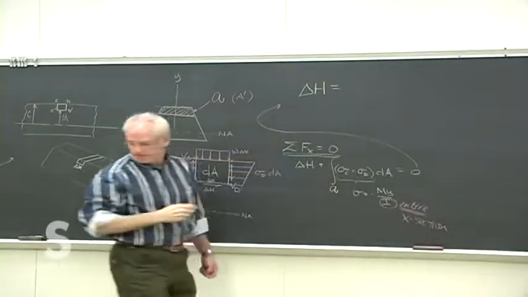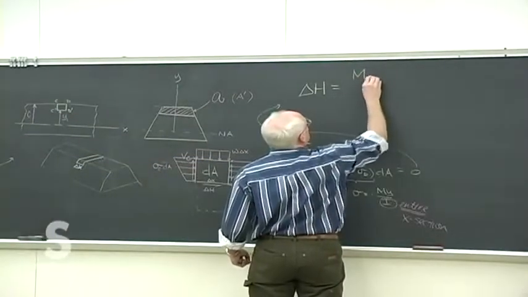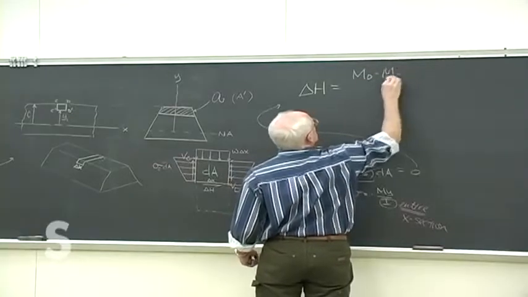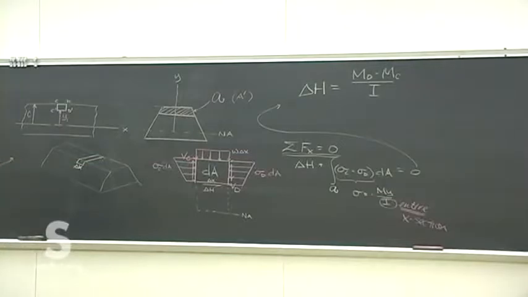Delta H equals MD minus MC over I, because those are constants, they can come out.